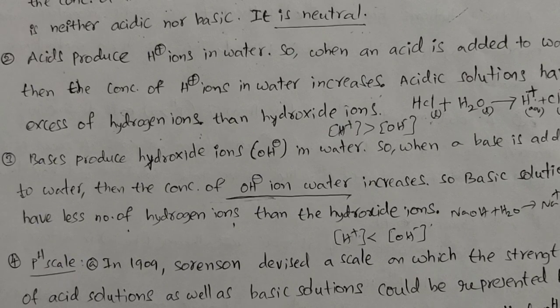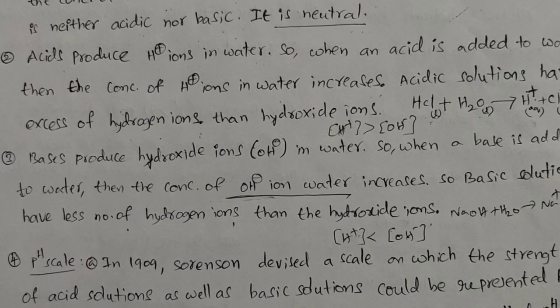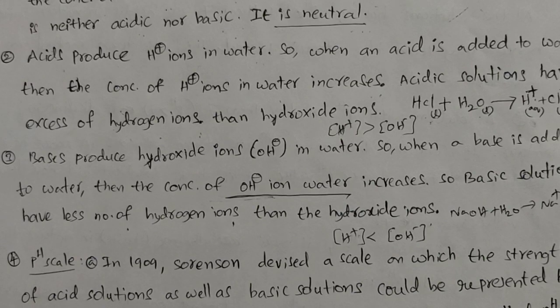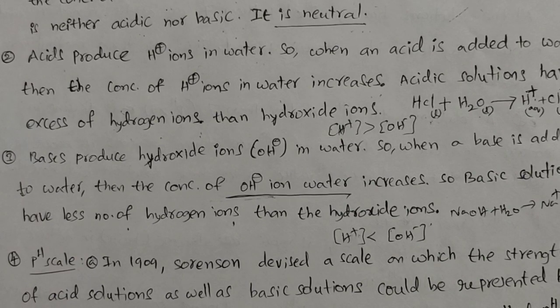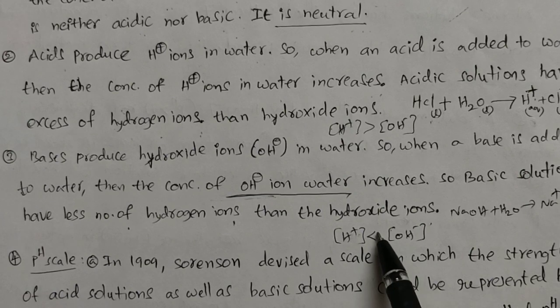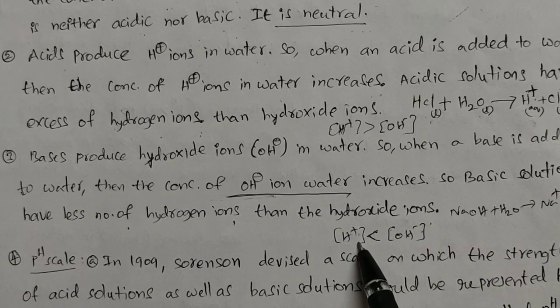In water, the concentrations of H plus and OH minus ions are equal, so it is neither acidic nor basic. In acidic solutions, the concentration of H plus ions is more, so because of the excess H plus ions, they are acidic in nature. In basic solutions, the concentration of OH minus ions is greater than the concentration of H plus, right?